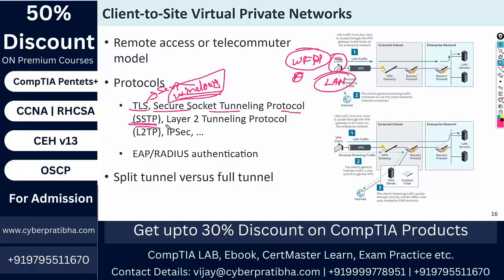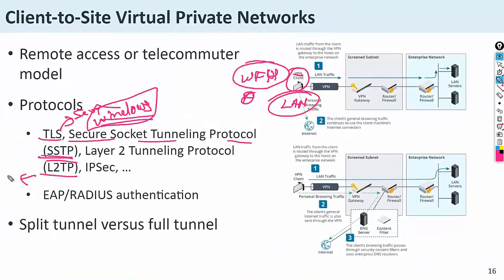But there is another type of protocol used, L2TP. This was actually created by Cisco. So when you are creating a VPN connection between Cisco devices, they will use L2TP. And IPSec is used for securing your communication.